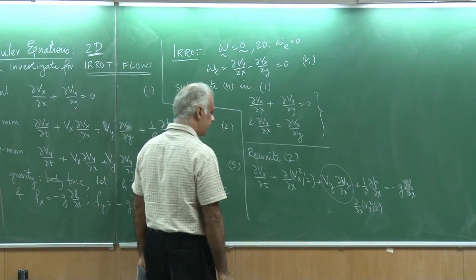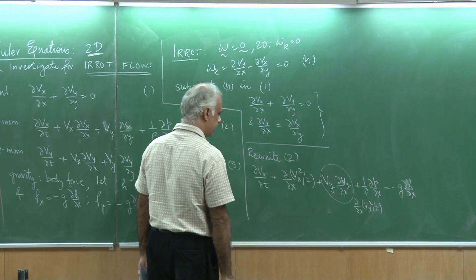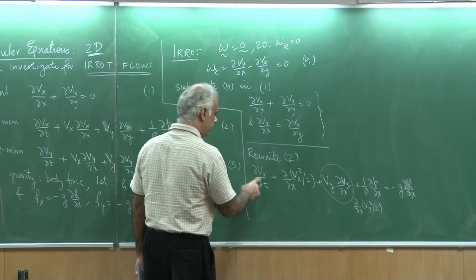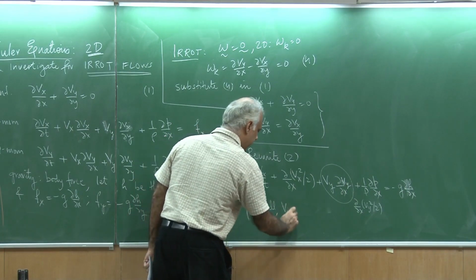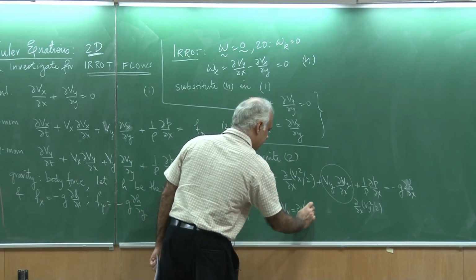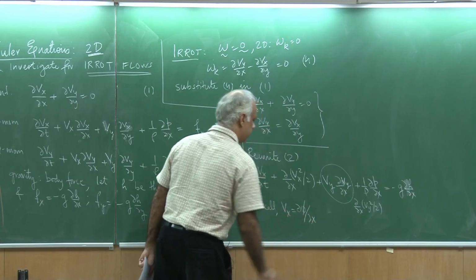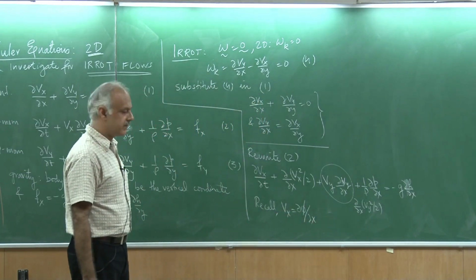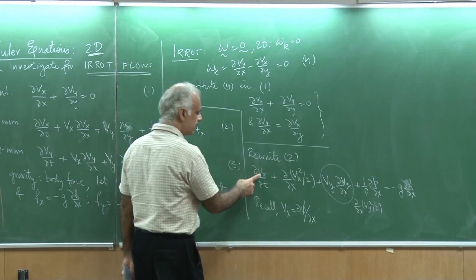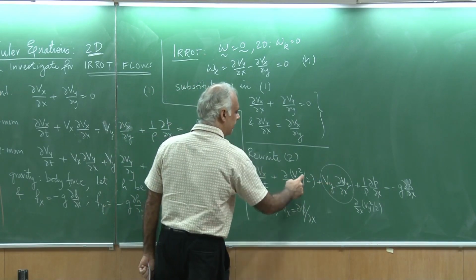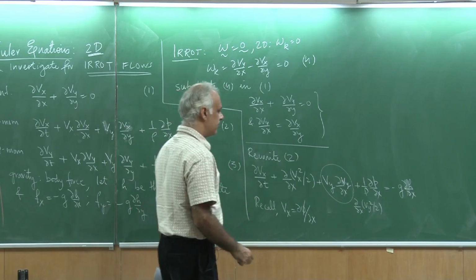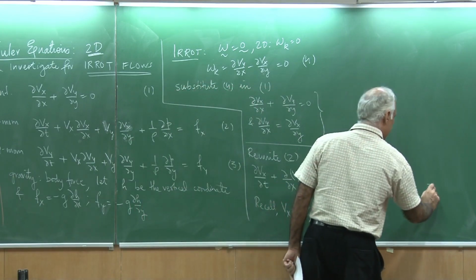So, now if I also substitute for Vx, so recall Vx is given as del phi by del x. So, I will substitute this for del phi by del x. I will be able to combine these two terms. So, let me call this as equation 2a.